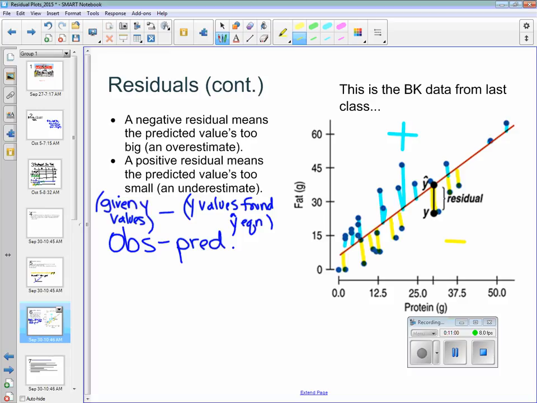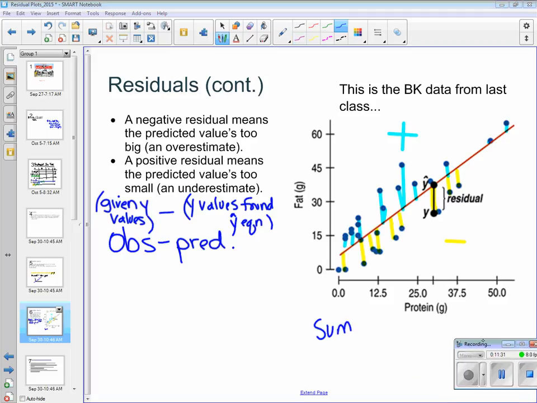What the least squares regression line actually does is it minimizes those residual values. So what it means is that when I add all of the residuals together, if I have some positives and some negatives, what should the sum of the residuals always come out to be, or close to? About 0. Okay? If this is the best prediction line, the sum of the residuals should be close to 0.